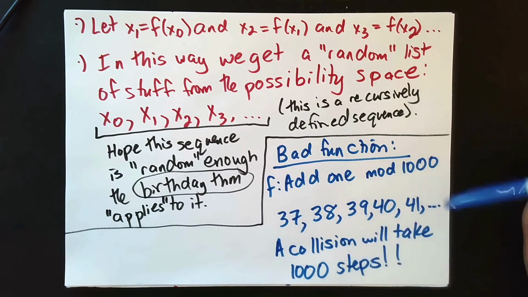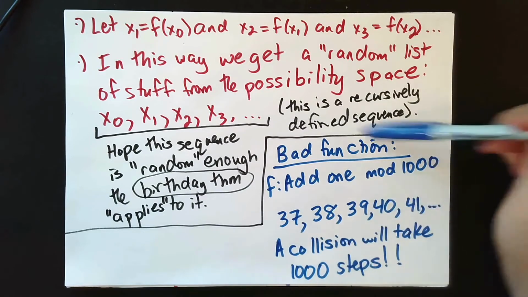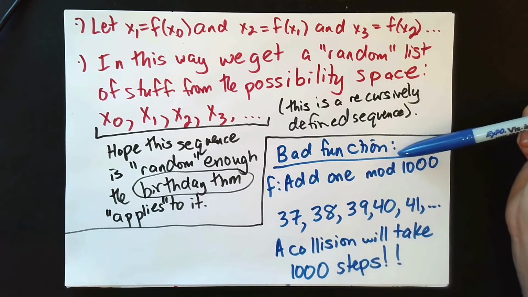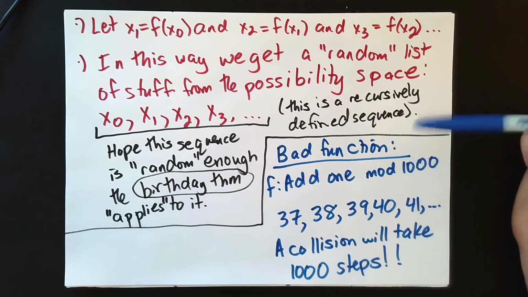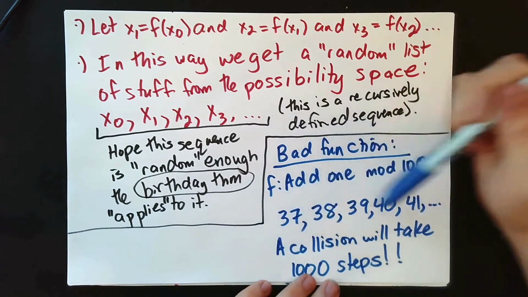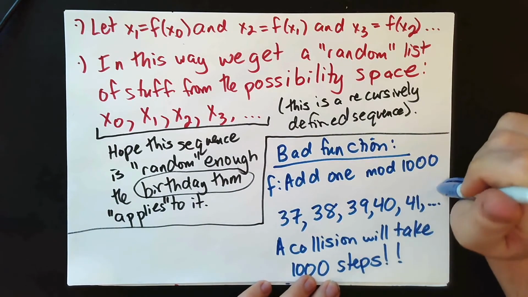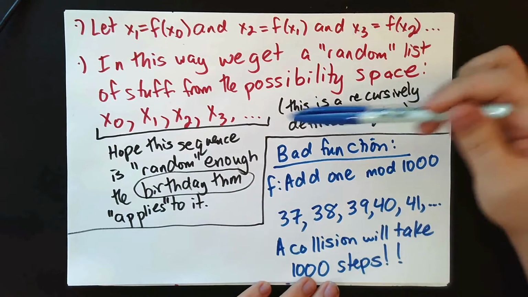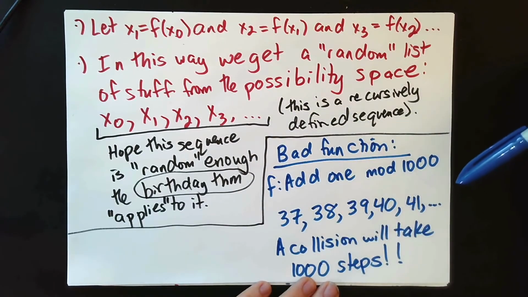And the reason for that is, again, the structure of this function very much connects with the structure of mod 1000. And so, if you take something that's too simple, add 1, multiply by 2, etc., you're very likely to find that your function actually does not get a collision anywhere near as quickly as you need it to in order for this algorithm to actually work.